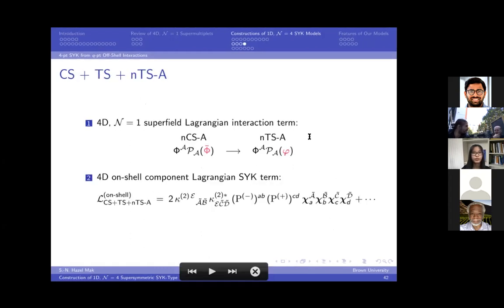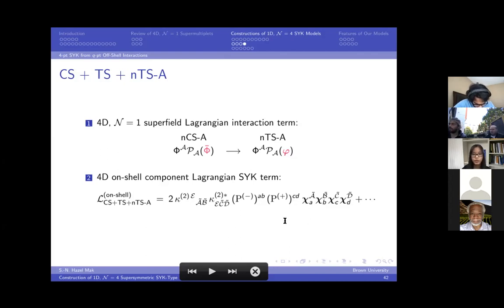The other thing that we can do is put some other multiplets in play. For example, we can take this polynomial, and instead of the anti-chiral superfield, we replace it by a real linear superfield. Then we'll get the tensor supermultiplets, and the only change for the SYK terms is that these chiral fermions become fermions from tensor supermultiplets.